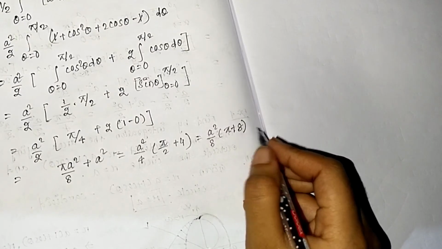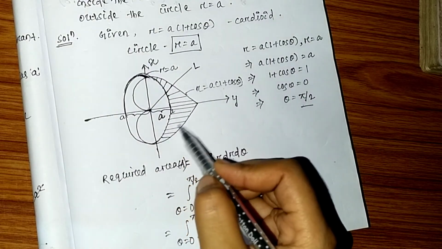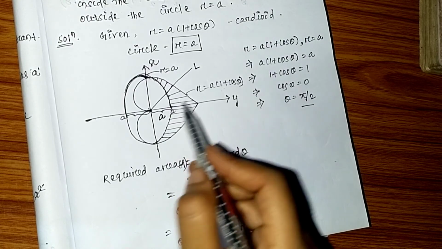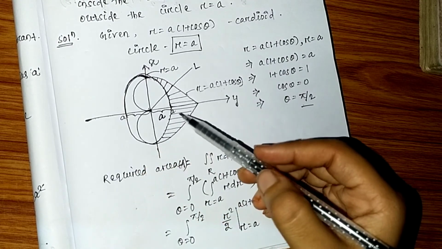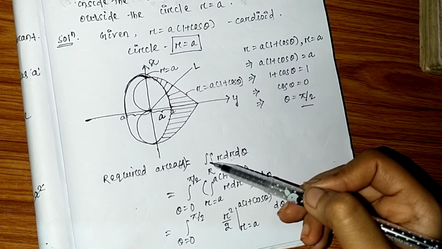Next, we see our region is from this side and this side. We found the region for the upper half; for the lower half we multiply this area by 2.